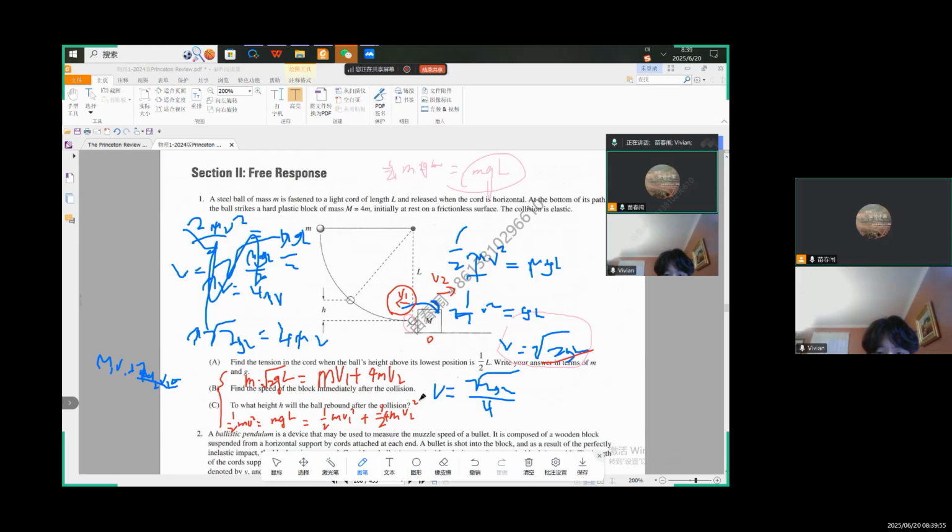Which is a little tricky, this one. So this is a simultaneous equation then, right? Which one is easier? You probably should use substitution or something, right?